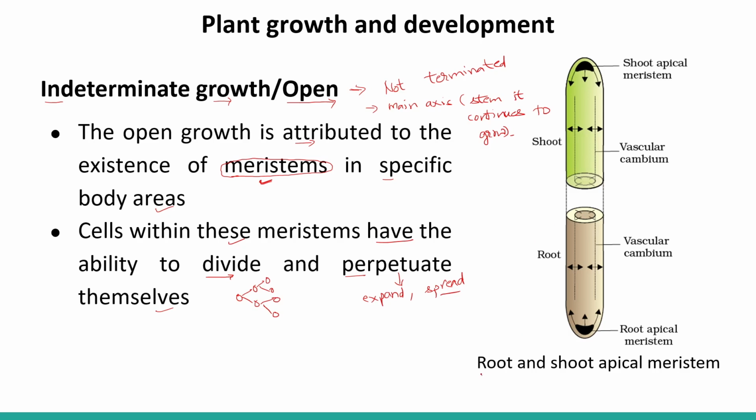So here in this figure, you can see the root and the shoot apical meristem. The shoot apical meristem is present here, and it helps in the growth of the shoot. This is the shoot, and this is the vascular cambium here. Then we have the root, so the root apical meristem is present at the base of the root, or you can also say the tip of the root.